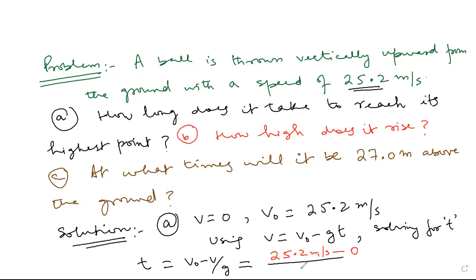Then we have in the denominator acceleration due to gravity, which is 9.8 meter per second square.